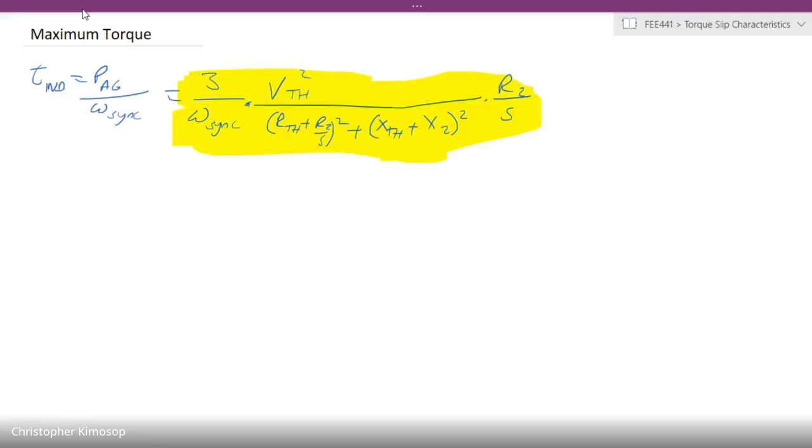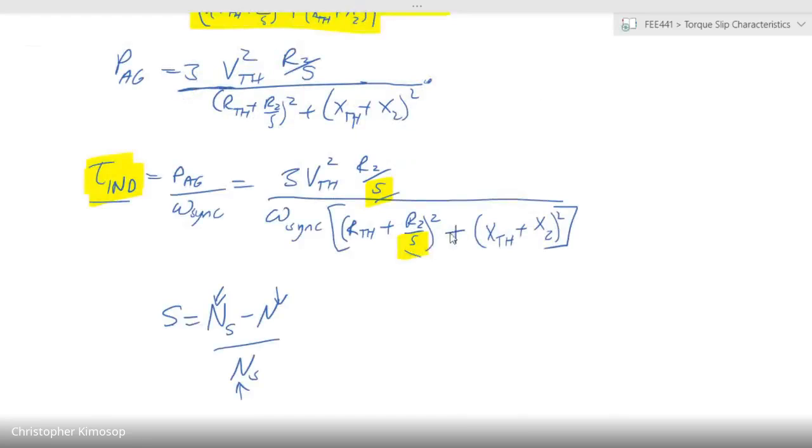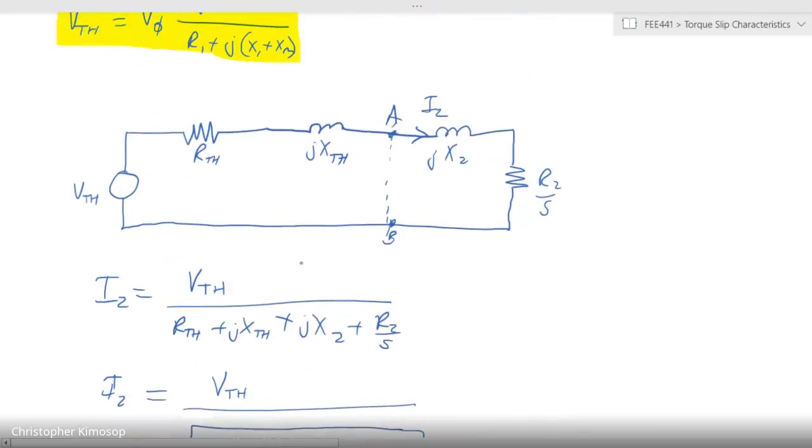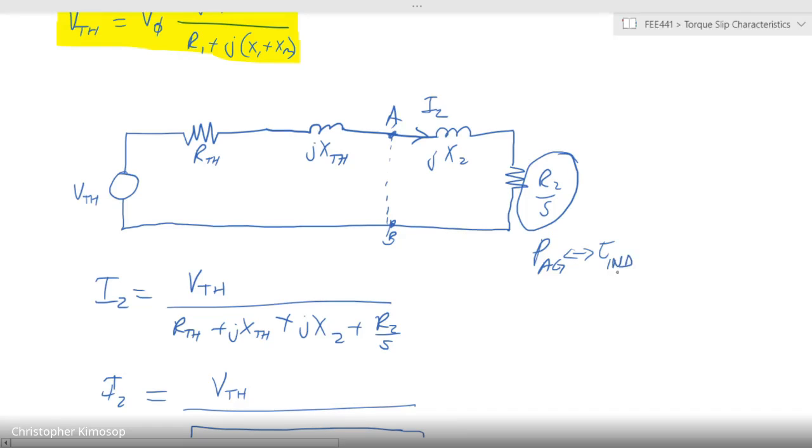When you have the maximum torque, if we look at the Thevenin equivalent circuit, we are looking at this particular element. We are saying that this element represents the air gap, and in turn, it represents our induced torque.